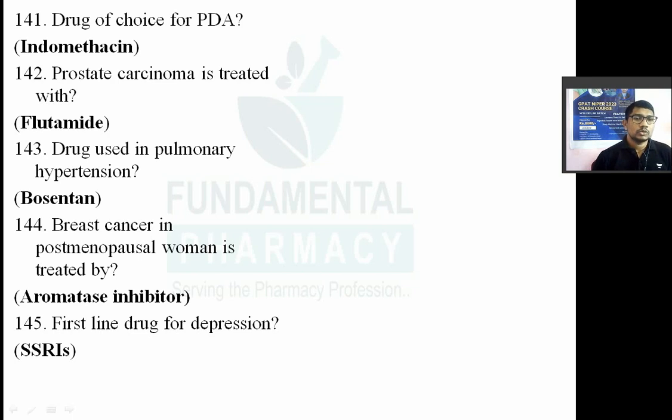Selective serotonin reuptake inhibitors are the drugs used in the treatment of depression. What are the examples? Examples are the zetins: fluoxetine, paroxetine, atomoxetine, all the zetins, then citalopram.